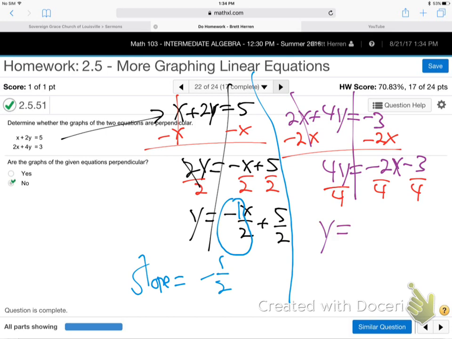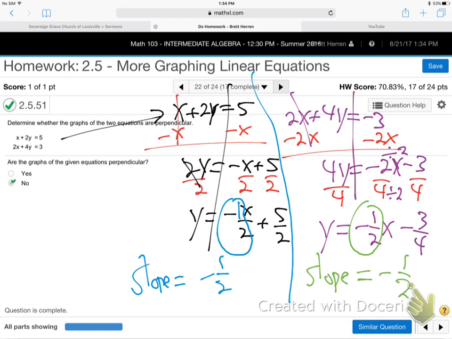Y equals 2/4. We've got to reduce that fraction. Whenever we have fractions, we reduce them if we can. So I'm just going to divide top and bottom by 2 to become minus 1/2. And so, what's the slope? Here's the slope for that one. It's minus 1/2. So both those slopes are the same, aren't they?